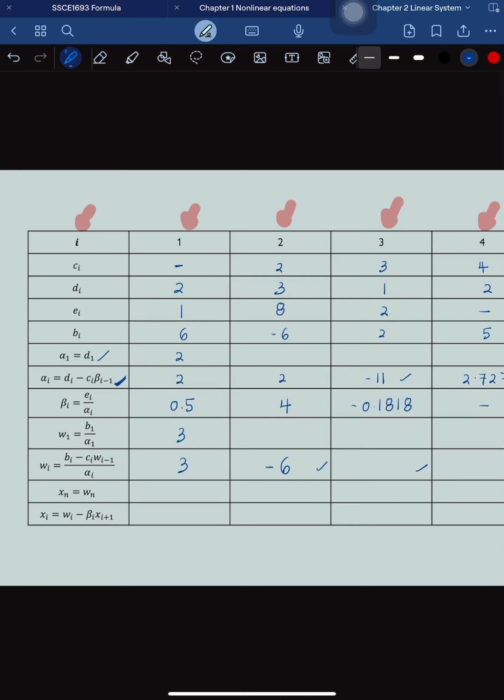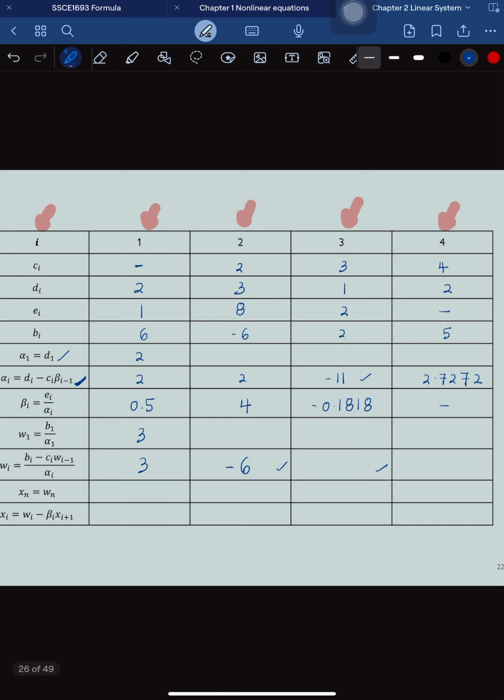So B3 equal to 2, minus C3 multiplied by W2, negative 6, and then divided by alpha 3, negative 11. So we get negative 1.8182.